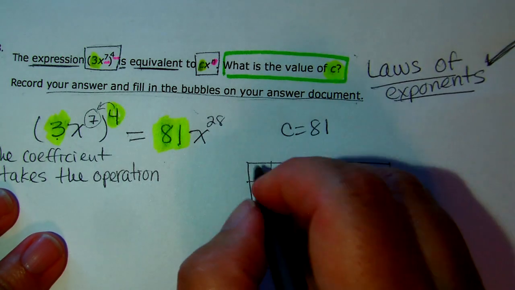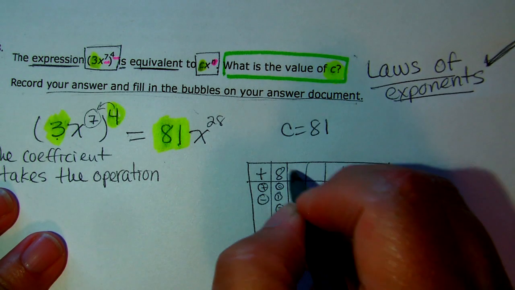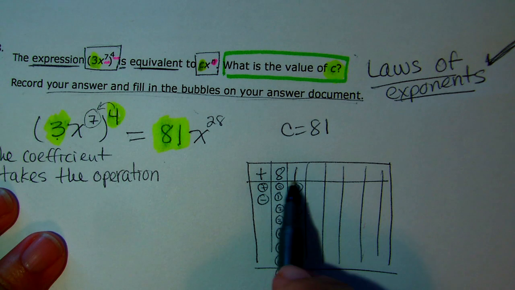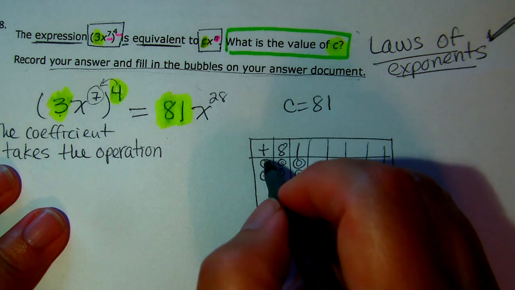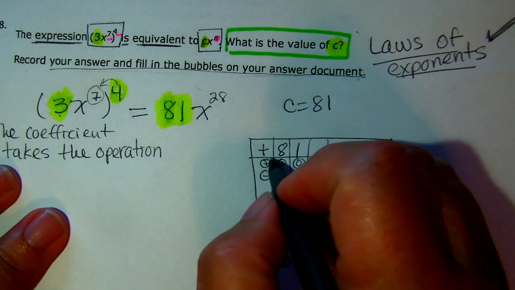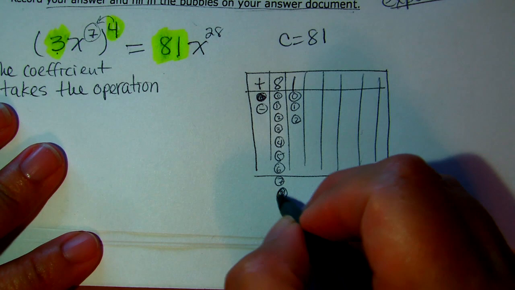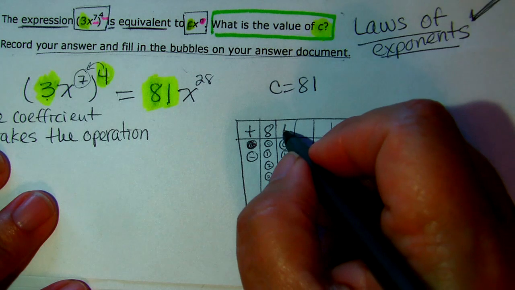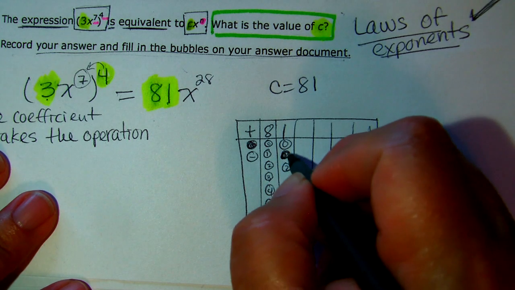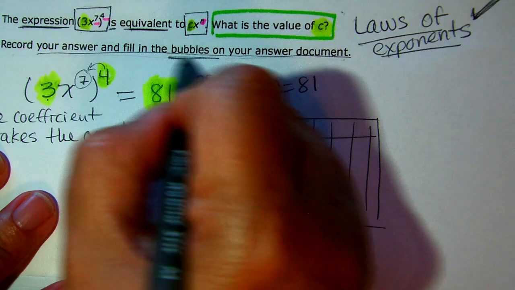So you're going to put positive 81. This is how you put the answer, okay? And you bubble the box. This is what you're going to be doing in your test. You bubble the answers. Here we show the 8, so you bubble the 8. Here we have the 1, so you bubble the 1. That's what it means to put it in the bubbles.